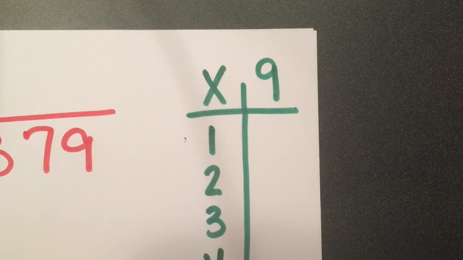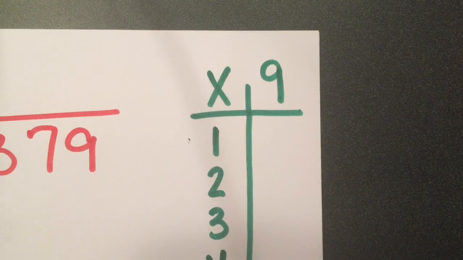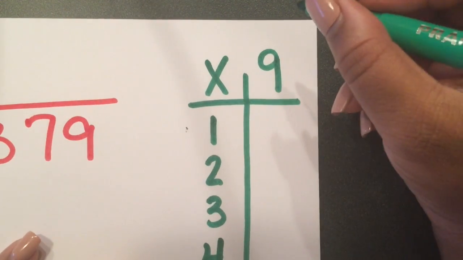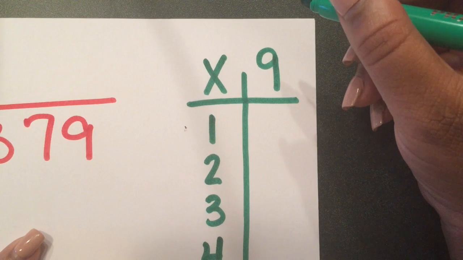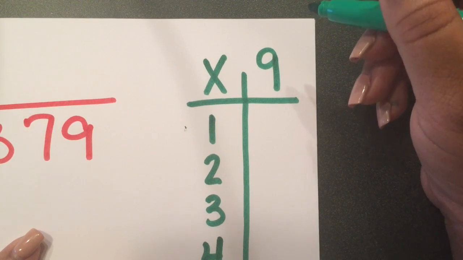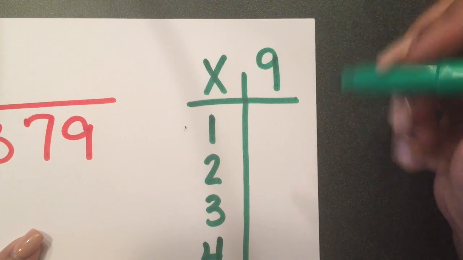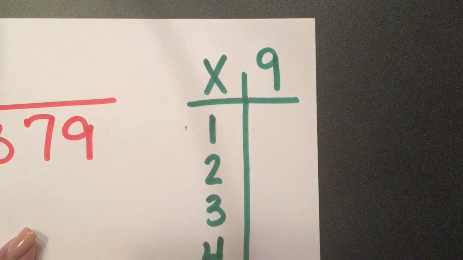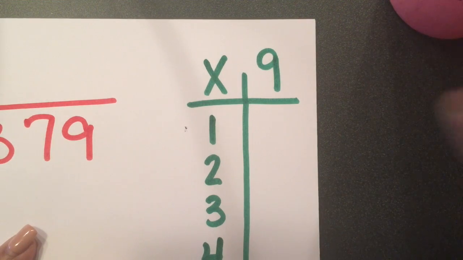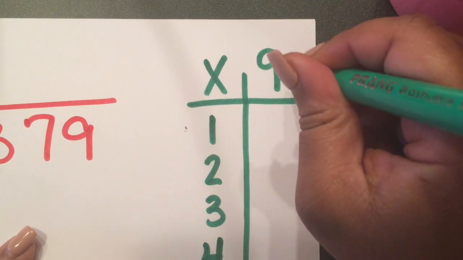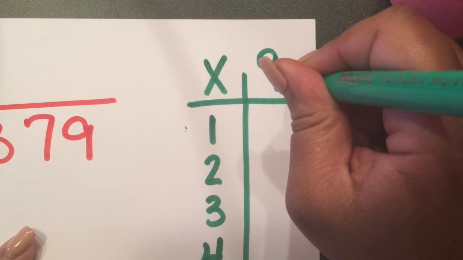Some of us have a hard time counting by 9s, even on your fingers. There's a trick to that, and maybe I'll make a video about it if you want me to. But for right now, we're just going to do the dot method.